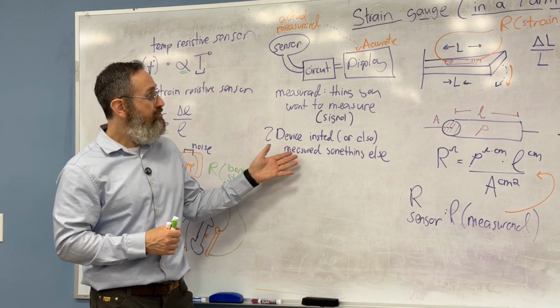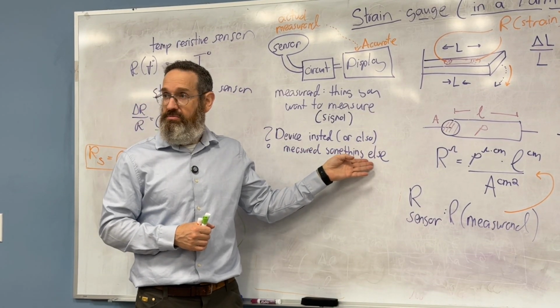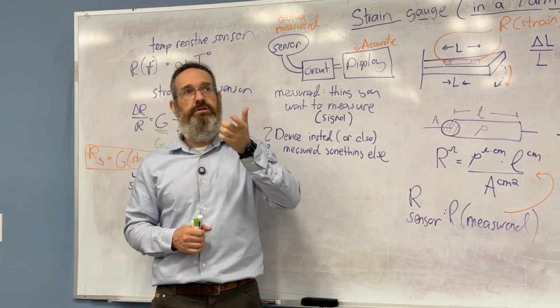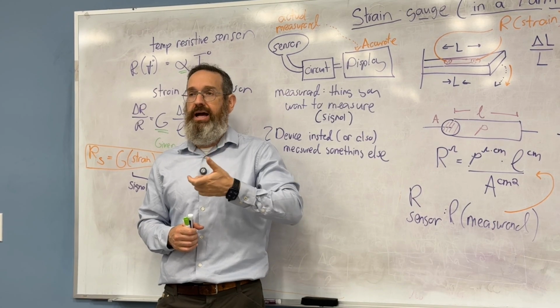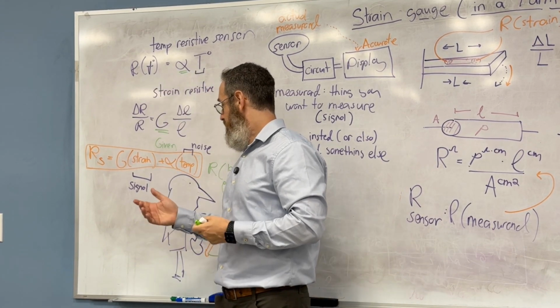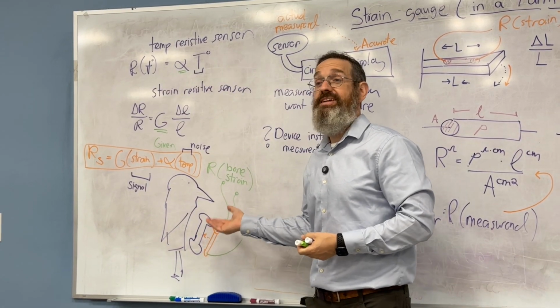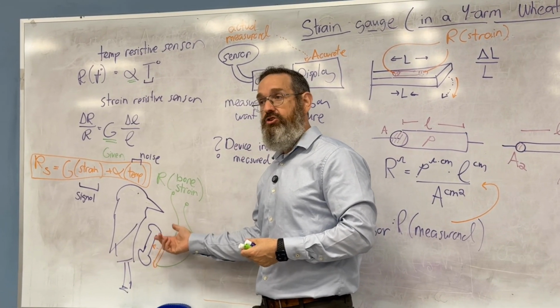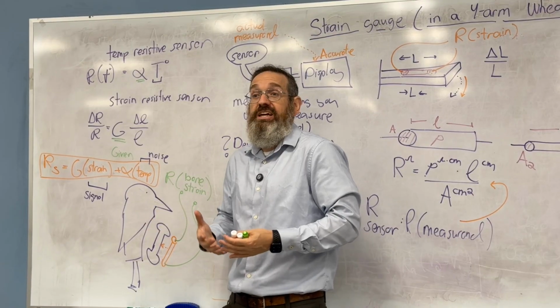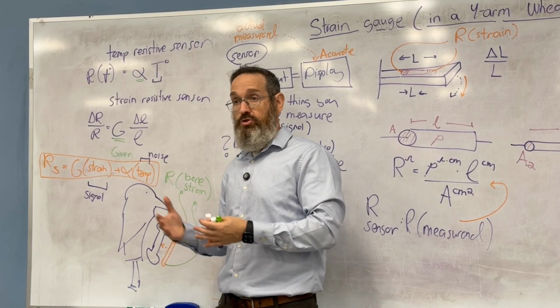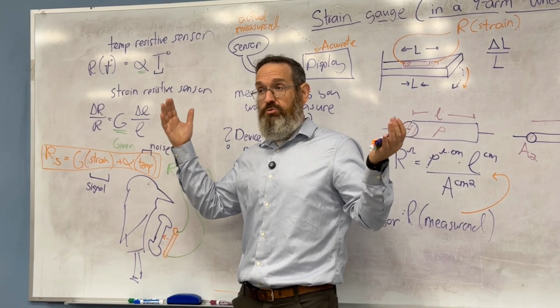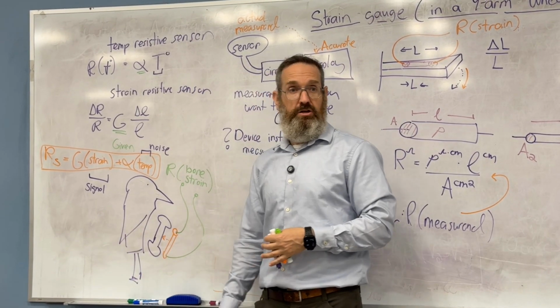So your device will measure something else. And here, I want to emphasize, why is it so bad? It's so bad because you don't know it did it. In this case, you didn't know that the chicken didn't just get heavier. You would conclude that when the temperature goes up in the room, strains on bones go up.